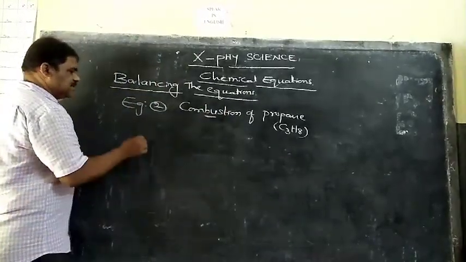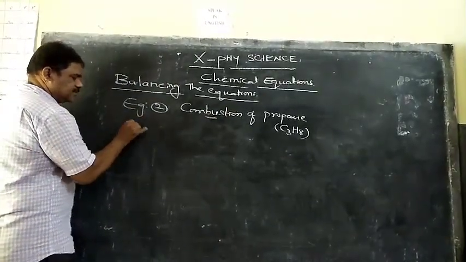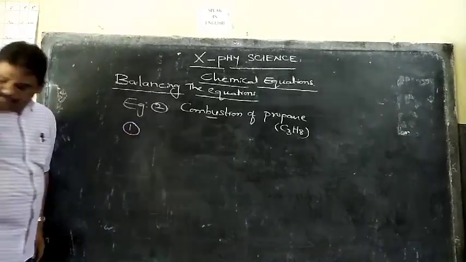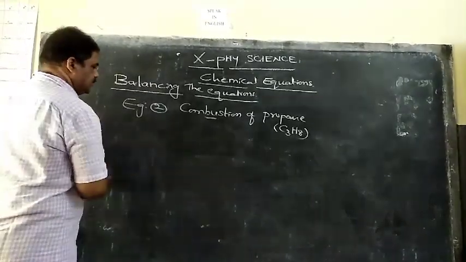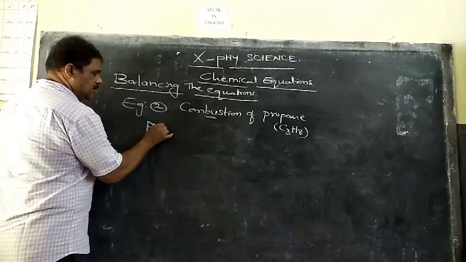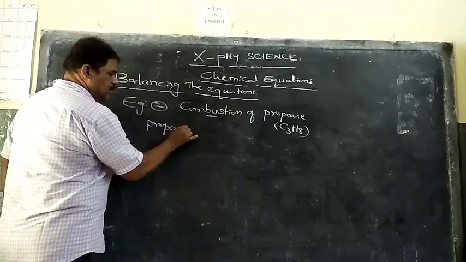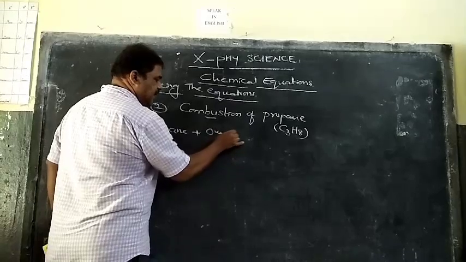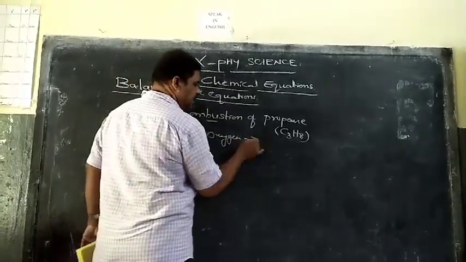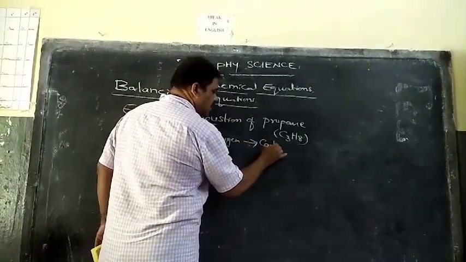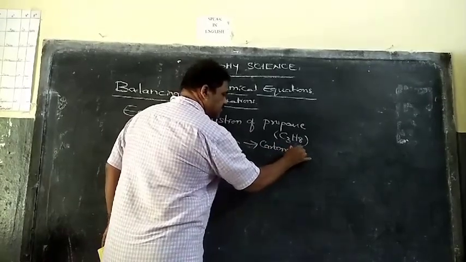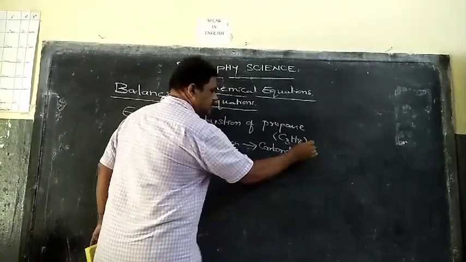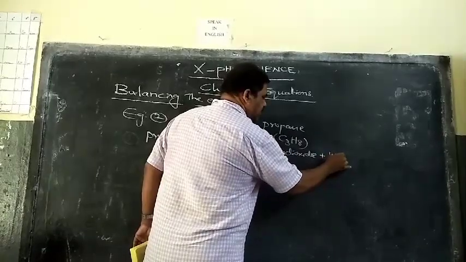Let us see what happens. Propane when burns in oxygen, that is when it reacts with oxygen, it gives carbon dioxide and water vapor.